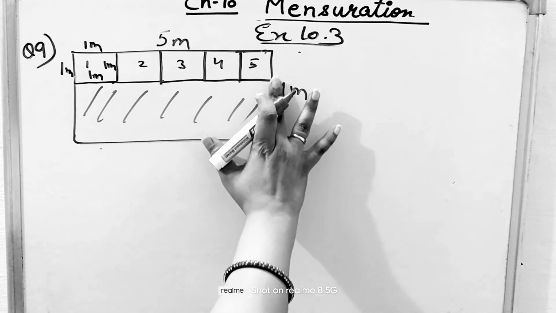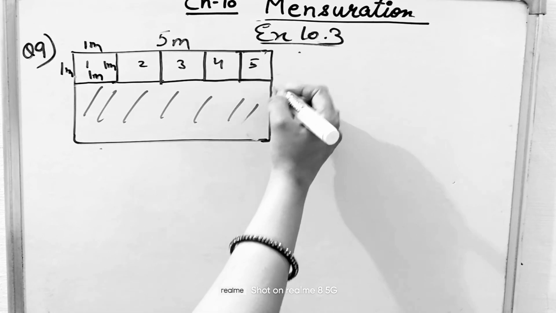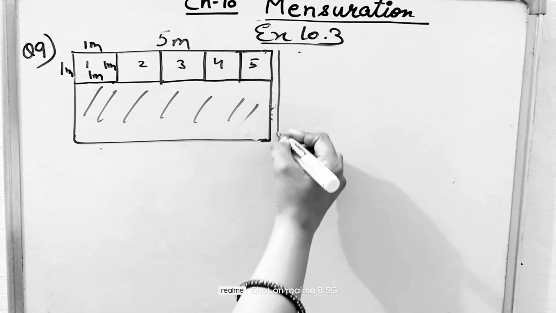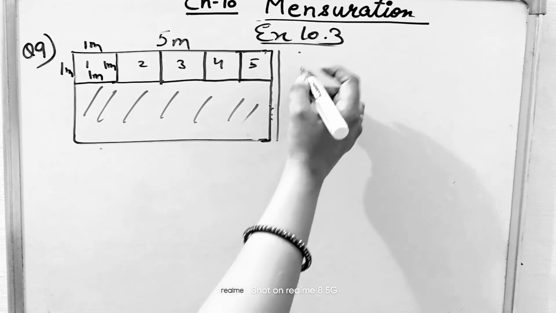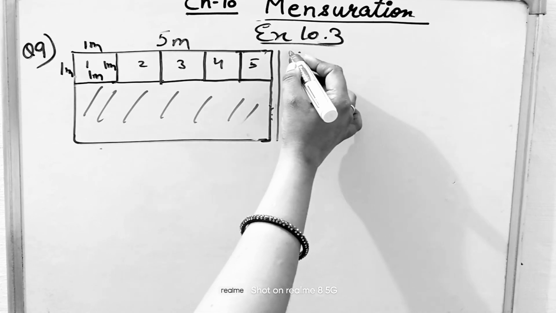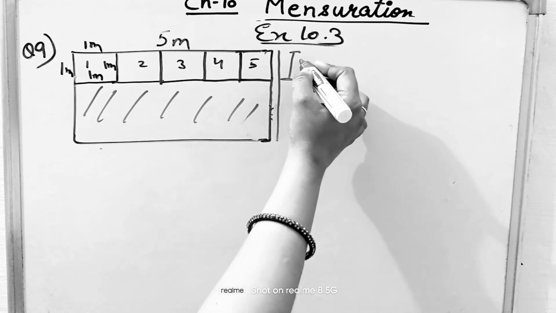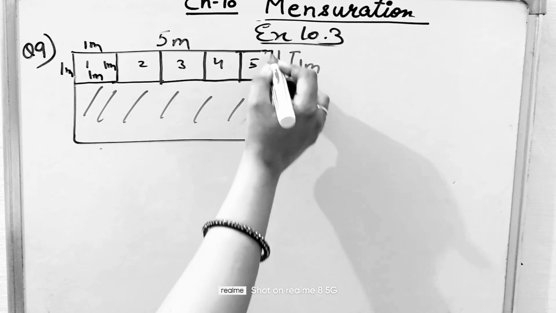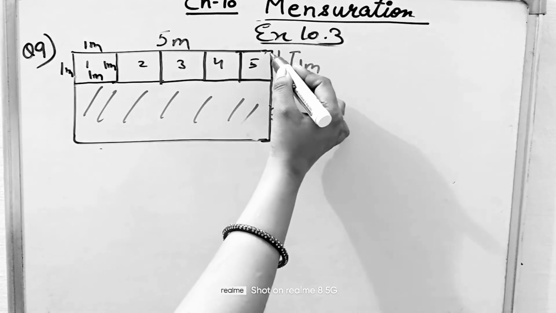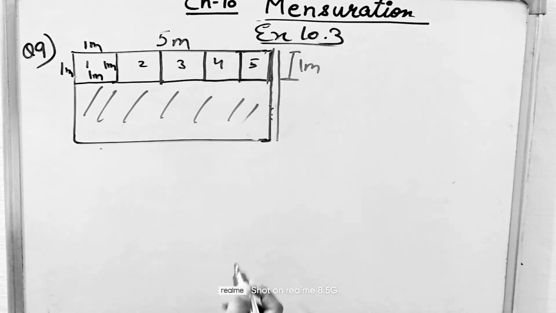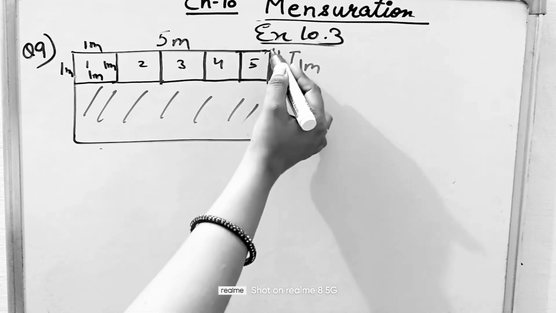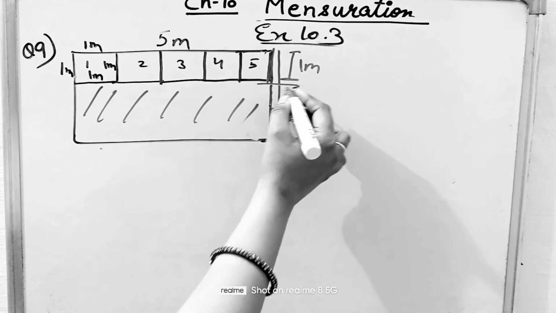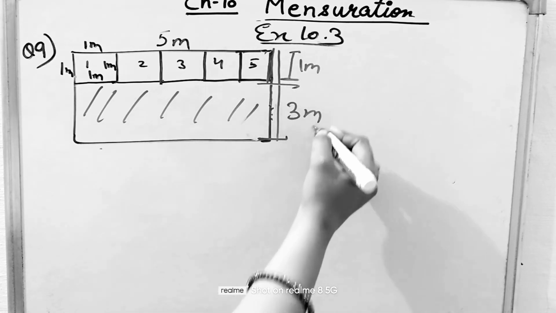The width has decreased to 3. Why? This total length is 4 and this length is 1 meter, because this 1 square is of 1 meter side. So this length is 1 meter. Since it is 4 and it is 1, the remaining one is 3 meters.